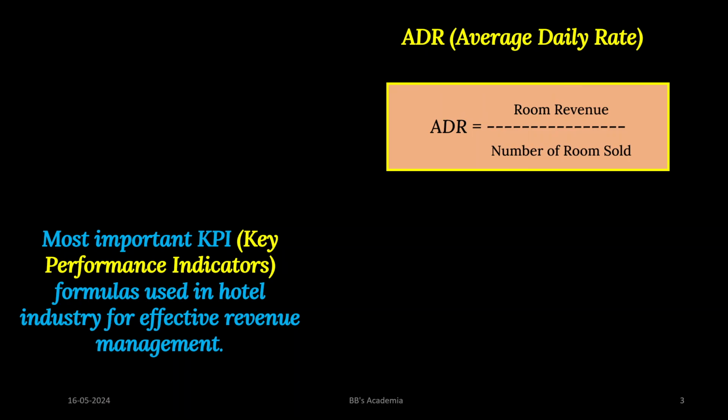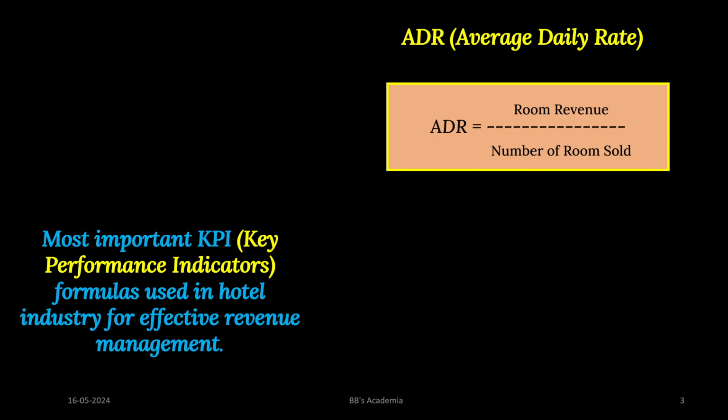How is it calculated? ADR is calculated by total room revenue divided by number of rooms sold. That means after selling the rooms, whatever is your revenue collected out of selling those rooms, divided by number of rooms sold.